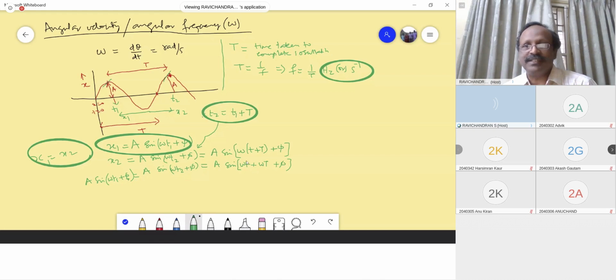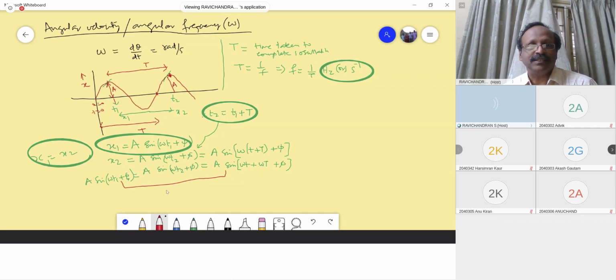So I want to connect these equations. Both are equal. So what I'm getting here, this equation is equal to this. A and A you can cancel it. So sine of omega T1, here this becomes T1, okay.